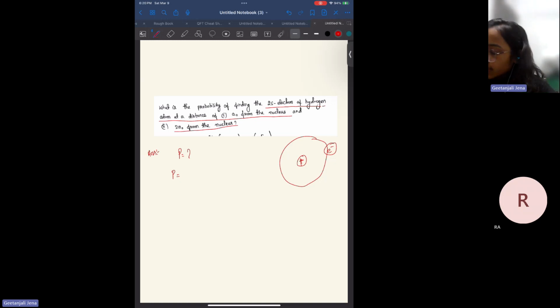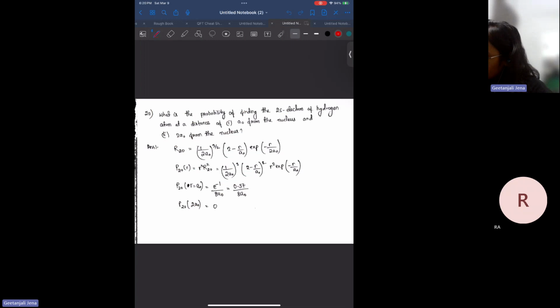So the radial probability density is given by r square R_nl(r) square. So this R_nl will be given to you. So the expression for R_nl is this one. So here you can see R for 2s. For 2s, n is 2 and for s, l is 0, right?